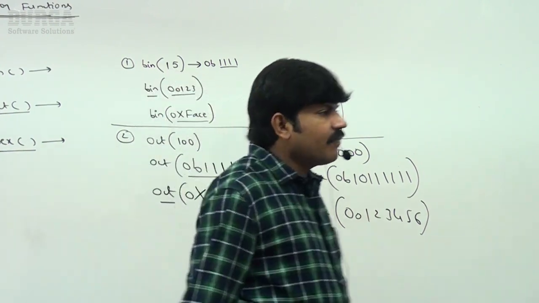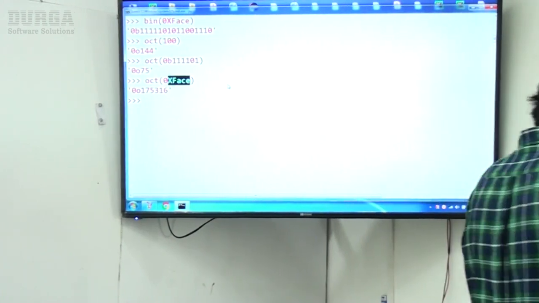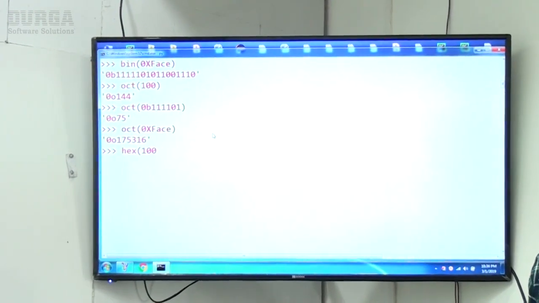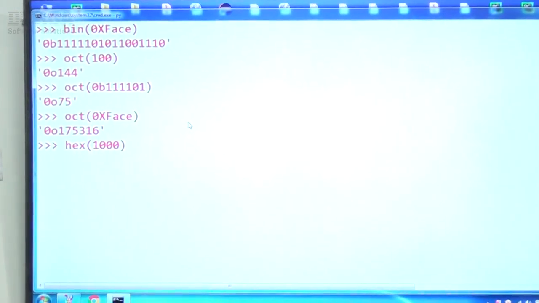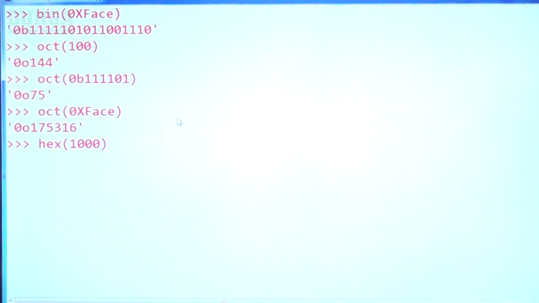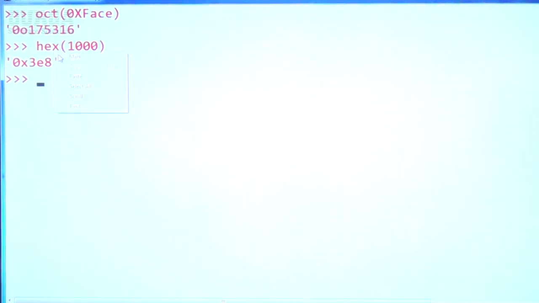Have a look once. Here, hex of the decimal value 1000. Can you please convert it into a hexadecimal number? 0x3e8, like this. Similarly, hex of 0b10111111, like this I am taking.